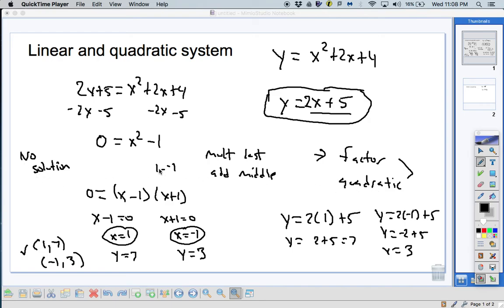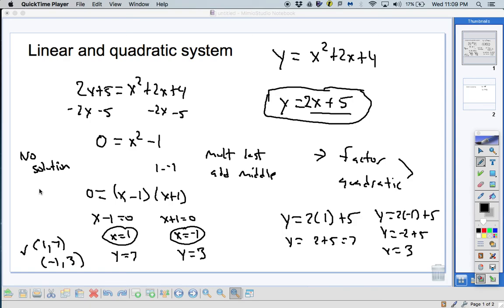And the reason for that, we'll see in a minute when we talk about graphing, is that you need to have solutions where they intersect. And if your solutions are imaginary, then there are no real solutions. And we are looking for real solutions because the intersection of a quadratic and a linear is real. Those are in the real world, so they need to have real solutions.